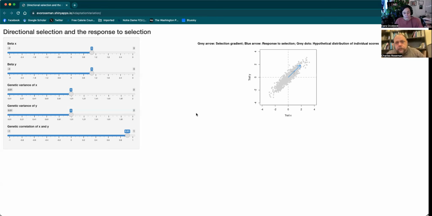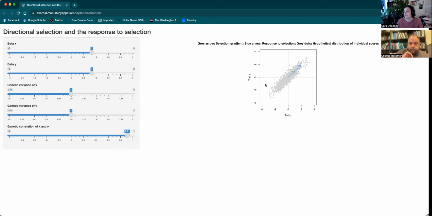Now you'll notice that the response to selection has shot way up. And it's right in line with the direction of selection, but it's quite a bit farther along. That's because we have selection acting on both characteristics, but since they're correlated with one another, they get a boost from the indirect response. You change one, the other's going to change as well.